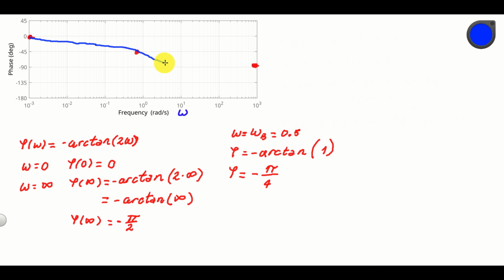Then it will go like this, and it will asymptotically approach minus 90. And here it is. This is the best I could do on my computer screen. Over here we have an asymptote at minus 90, and this graph should approach this asymptote. And that's it. This is our phase function.